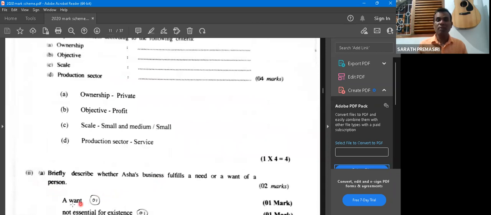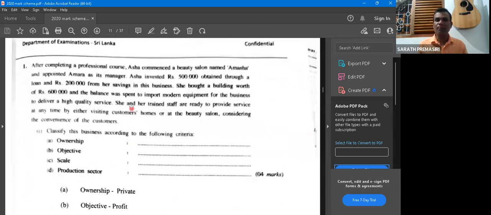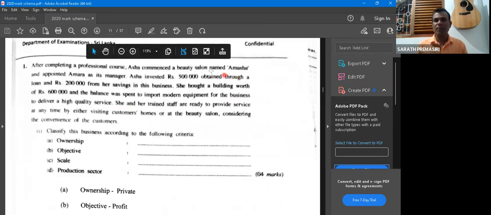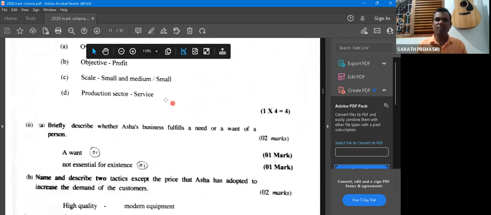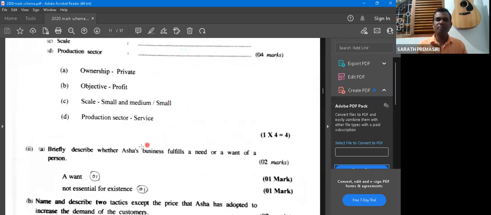It is a want, because you see, her business is a beauty salon. So it is not a need, it is a kind of want that Asha is able to satisfy. Then the description is concerned, now look at that.